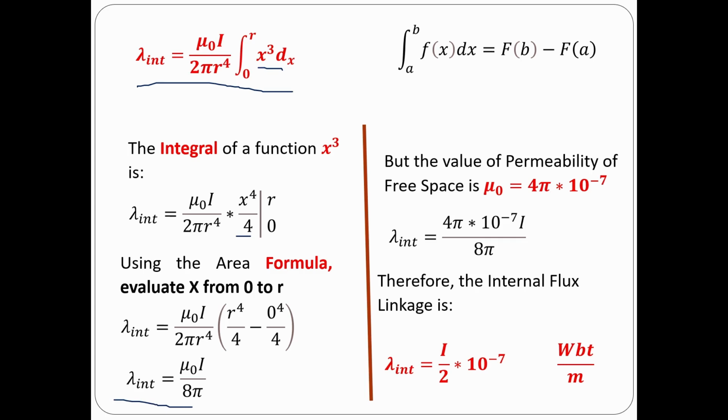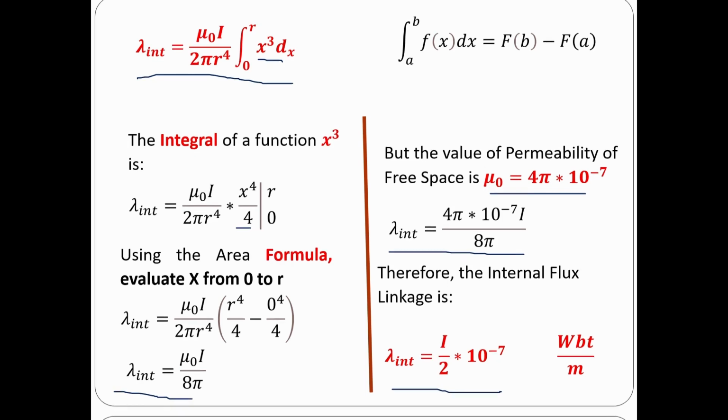But the value of the permeability of free space is μ₀ equal to 4π times 10⁻⁷. Substituting that value, we get the internal flux linkage equal to 4π times 10⁻⁷ I over 8π. Therefore, the internal flux linkage is I over 2 times 10⁻⁷ in Weber-turns per meter.